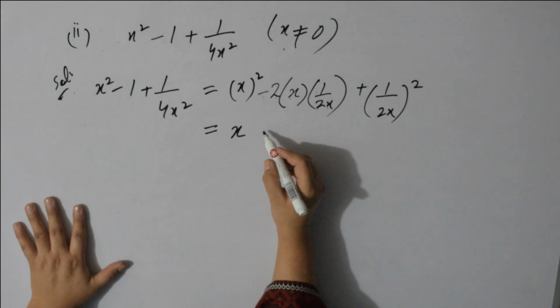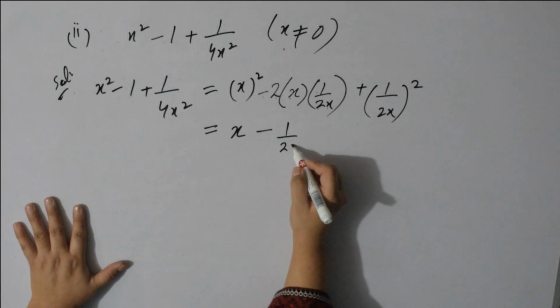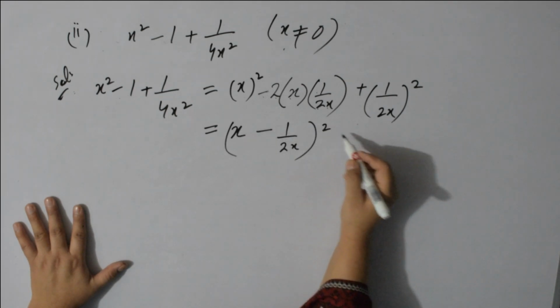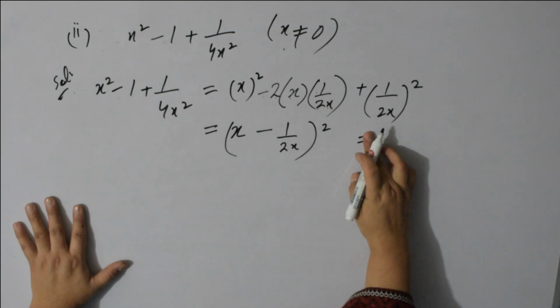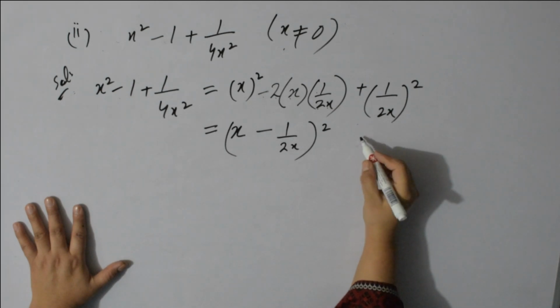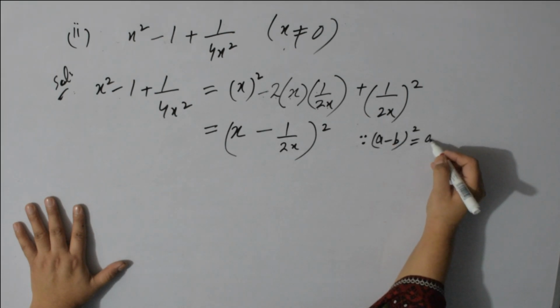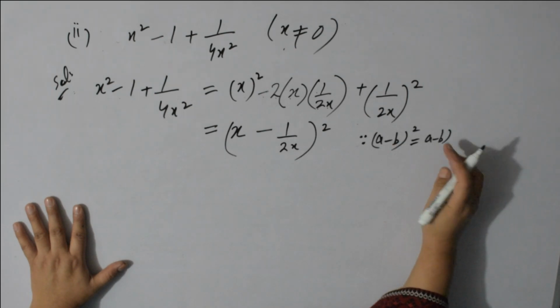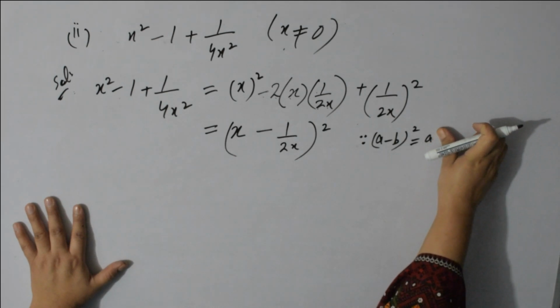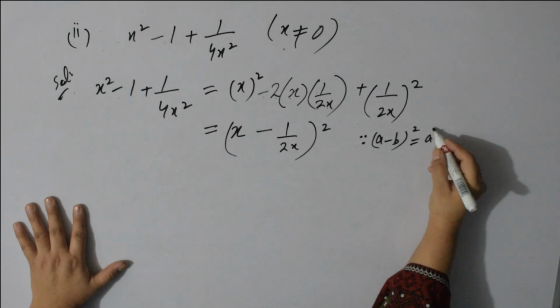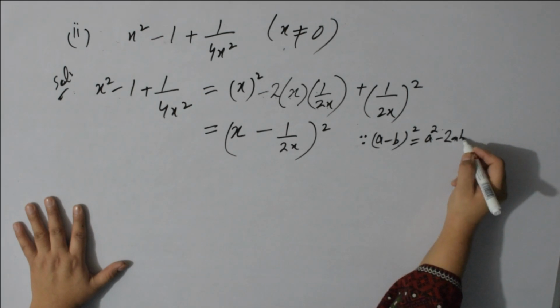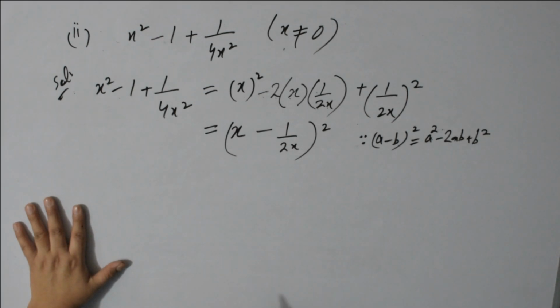It is the formula of x minus 1 by 2x. A minus b whole square is equal to a square minus 2ab plus b square, right?